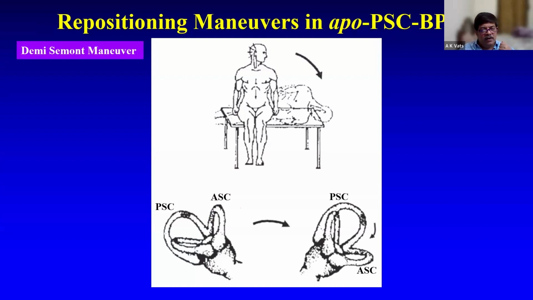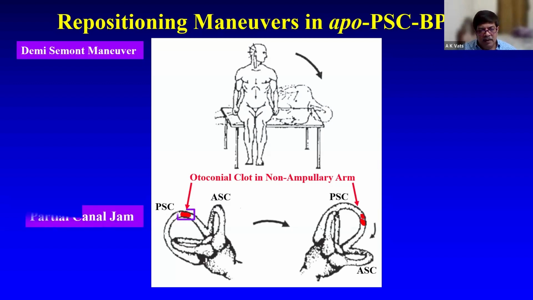Here the otoconial clot you can see in the non-ampullary arm of the right posterior semicircular canal, with the head turned 45 degrees to the non-involved side. The patient is briskly brought to the contralateral, that is non-involved, lateral recumbent position, and possibly there is a partial canal jam here.